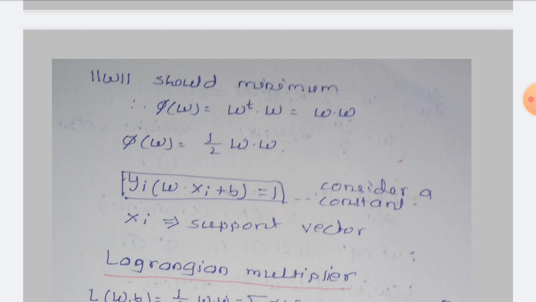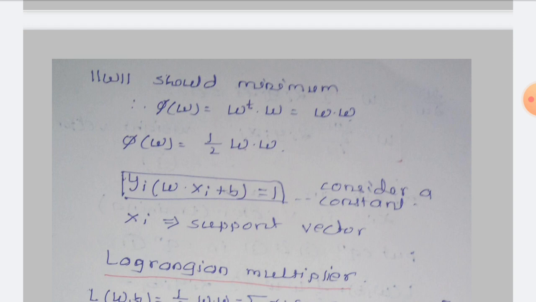Now, to minimize this W, we have to see the other constraint, which we have just seen: yi times (W dot xi + b) equal to 1. This is a constraint we take if xi is a support vector.